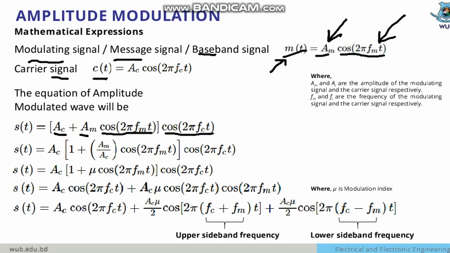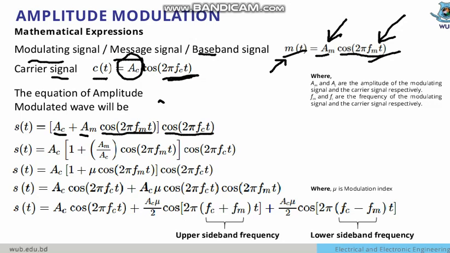Here one thing may come to your mind: why does the modulation take place like that, when we are just multiplying the two parameters? The multiplication does not involve Ac in that sense. The multiplication occurs between these two phase components, cos 2πfc t and cos 2πfm t.